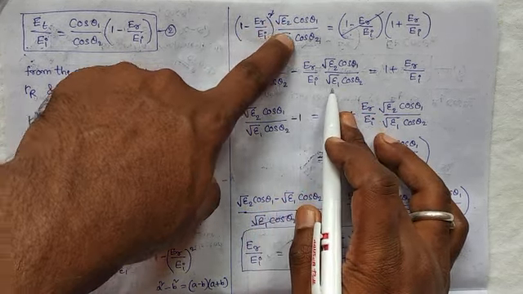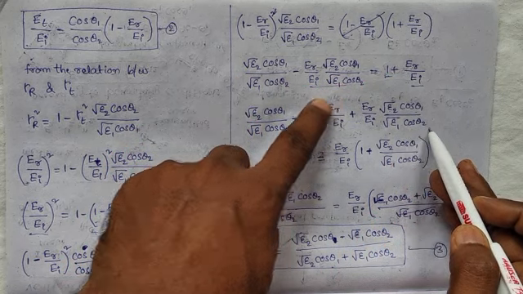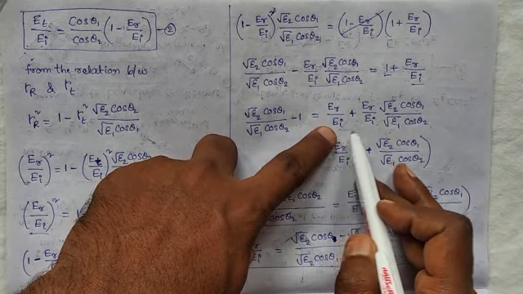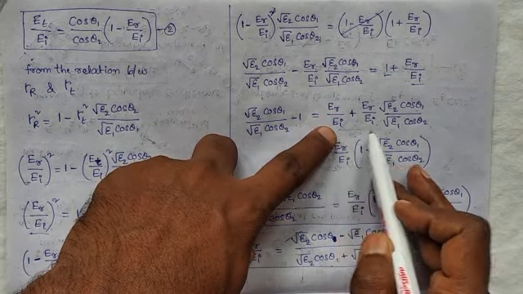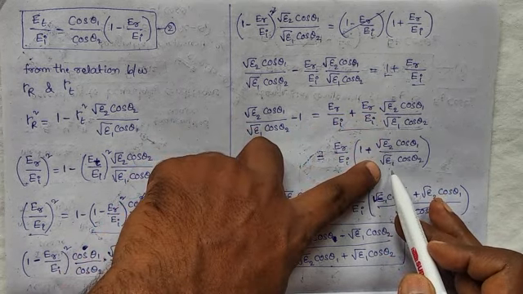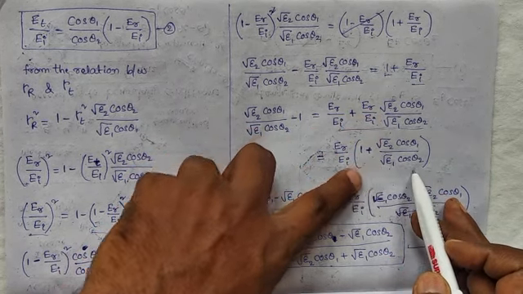Root epsilon 2 cos theta 1 by root epsilon 1 cos theta 2 minus 1 is equal to ER by EI plus ER by EI into square root of epsilon 2 cos theta 1 by square root of epsilon 1 cos theta 2. On the right hand side we take ER by EI common: 1 plus square root of epsilon 2 cos theta 1 by square root of epsilon 1 cos theta 2.